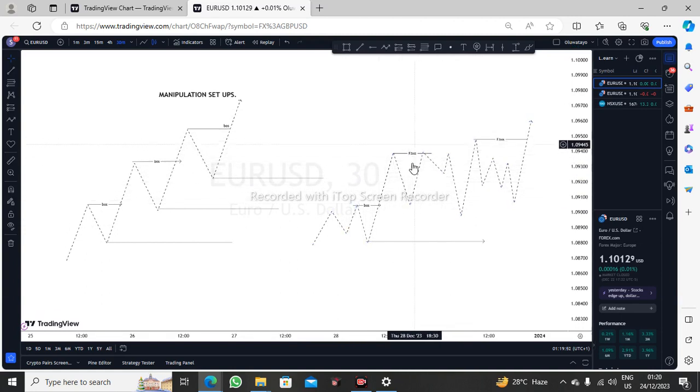Usually this break of structure occurs with a wick on the particular time frame that you are on. This type of break of structure, this fake break of structure, occurs with weak or less momentum. Are you with me? It takes out the previous high with less momentum.